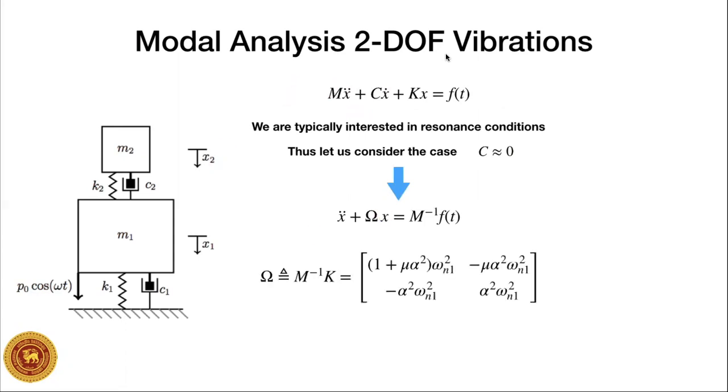You multiply both sides by m inverse, and with c almost equal to 0, this equals that, where omega is given by m inverse k. If you write it down explicitly, the elements of m inverse k, or the omega matrix, are given by this in these notations, where these are given in terms of the system parameters.